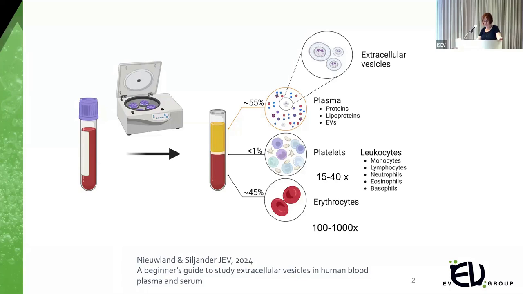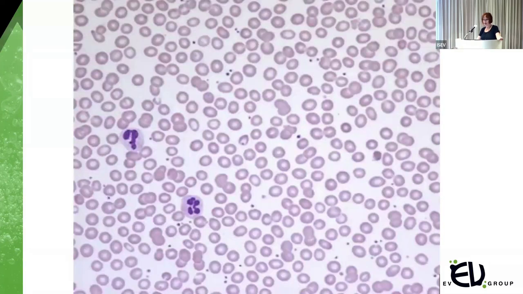Then what I want to show next is the clinical blood smear, because this is very much getting more into the physiology. So the red things here are the erythrocytes, and you can nicely see how they outnumber the tiny, tiny blue dots, for example, here and here, which are the platelets.